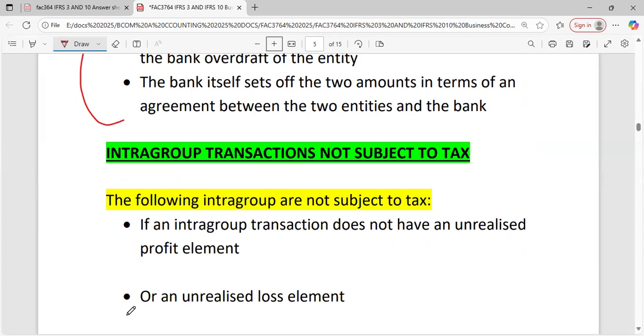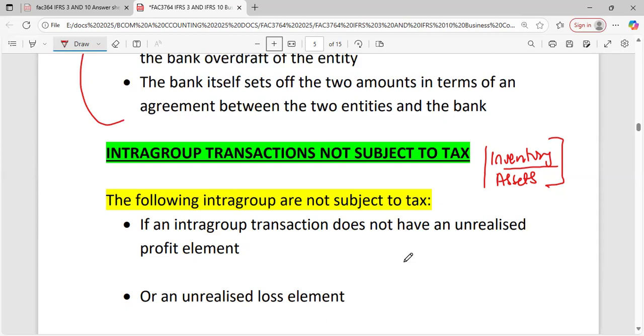Intra-group transactions not subject to tax. Remember, we say intra-group transactions like the sale of inventory, the sale of assets, they are all subject to tax, which means if there is an intra-group transaction on inventory, and when you do your consolidation and you are going to eliminate that intra-group profit, then it means you also have to take into account the tax implication in that intra-group profit.